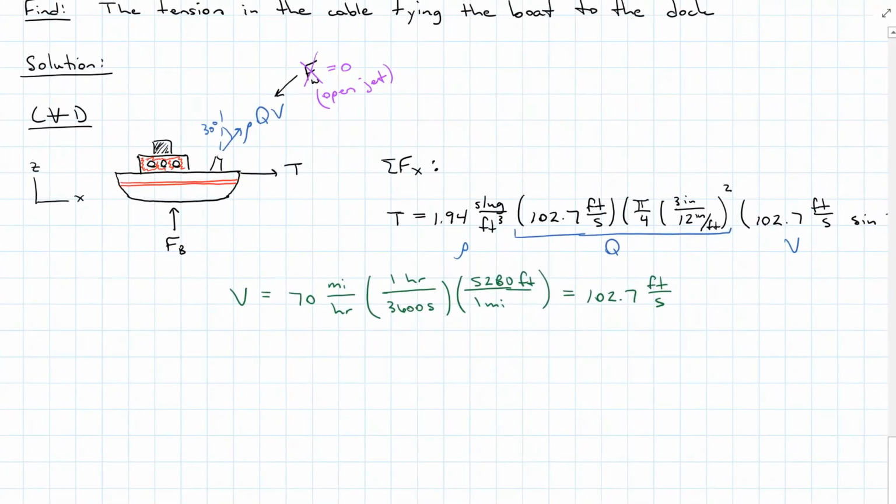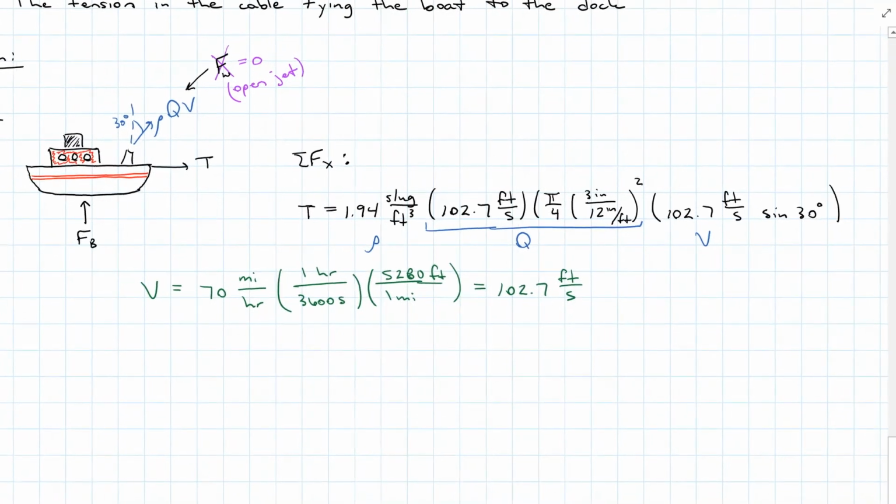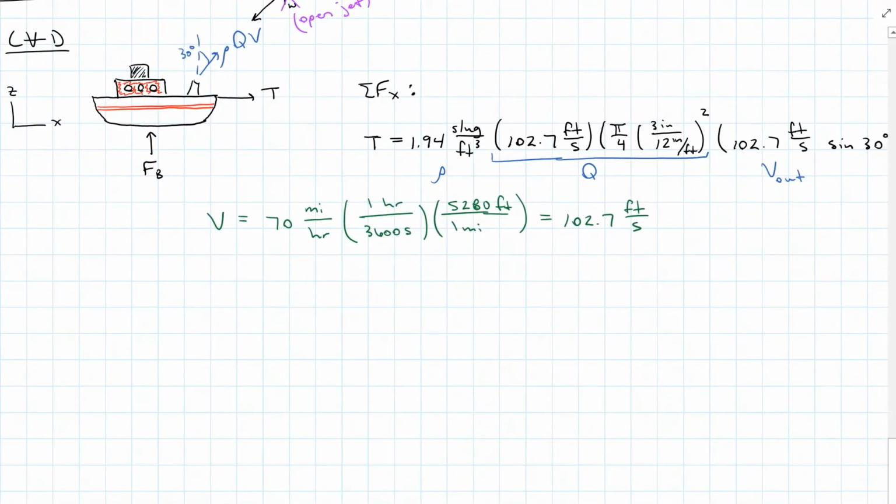In this control volume, we do not have an incoming velocity, only an outgoing. So that's all that's going to show up in our equation here, the outgoing velocity. Solving for the tension in the cable, we get 502 pounds.